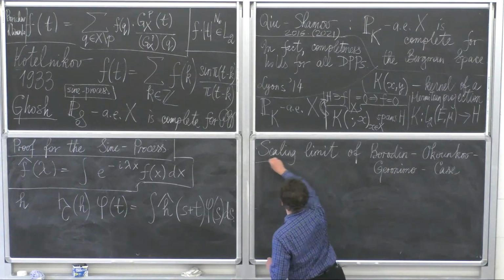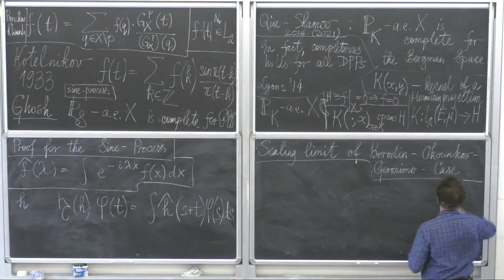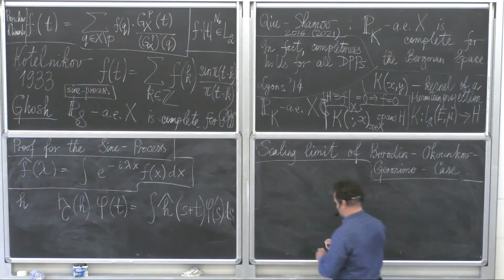The scaling limit of the Borodin-Okounkov-Geronimo-Case formula is the following.